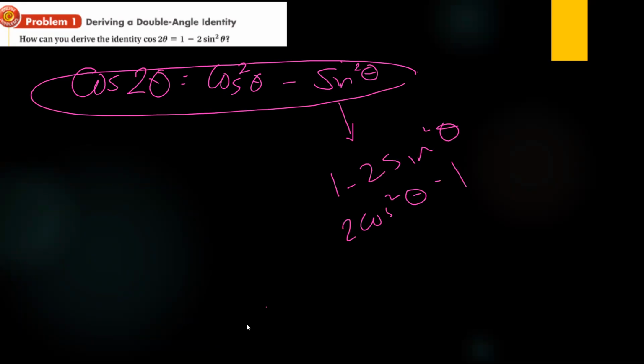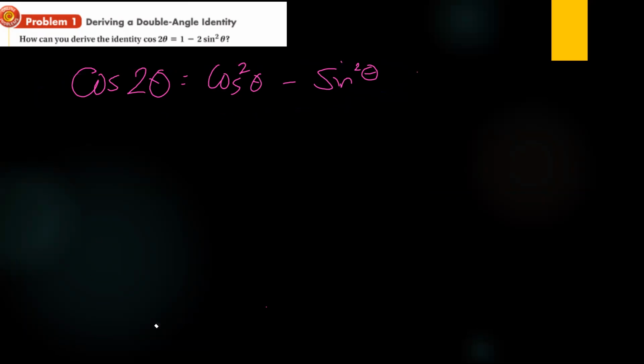Now let's see how we can prove that cosine 2 theta is 1 minus 2 sine squared of theta. In order to prove it, let's remember one of the identities that we talked about in the previous lessons, which is the Pythagorean identity. It says that cosine squared of theta plus sine squared of theta equals 1.